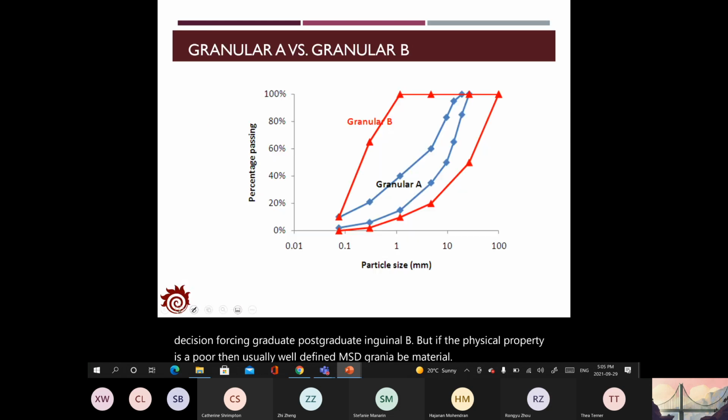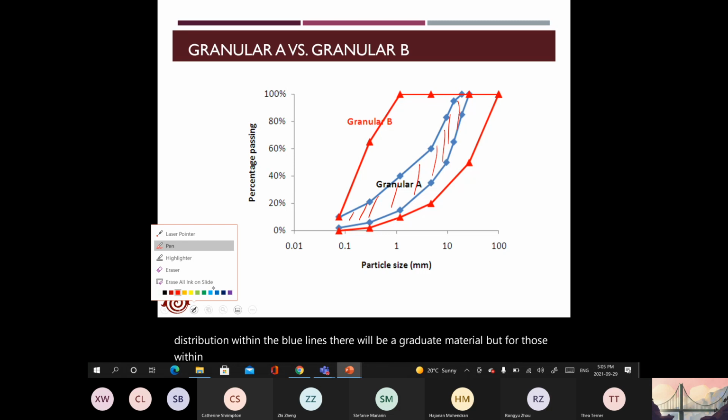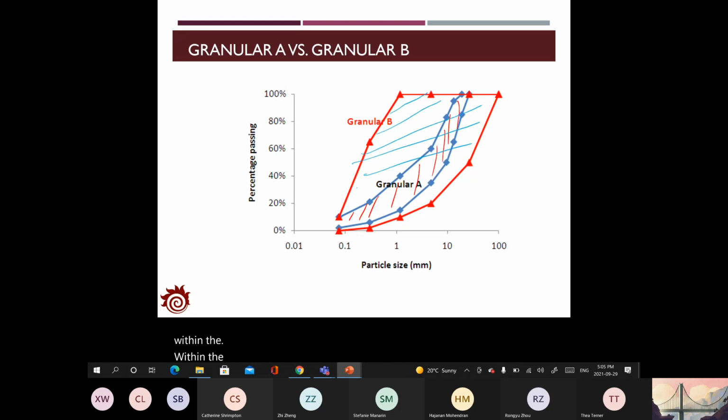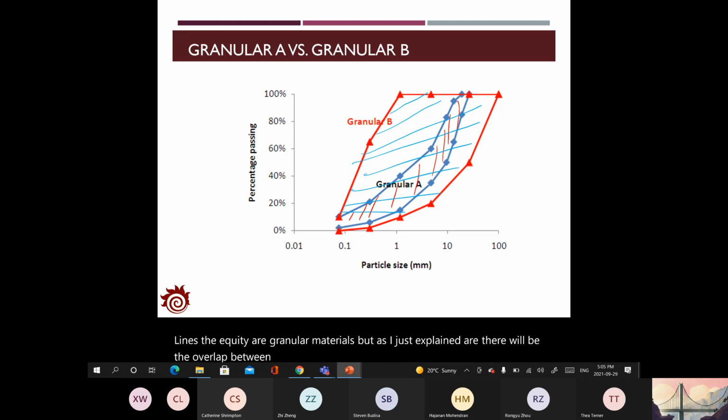The figure here shows the ranges of the grain size distribution that could be covered by A and B. For those grain size distributions within the blue lines, they will be Granular A material. But for those within the red lines, they could be Granular B materials. But as I just explained, there is an overlap between the Granular A and Granular B materials.